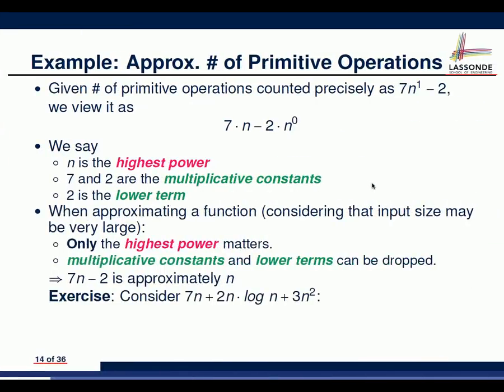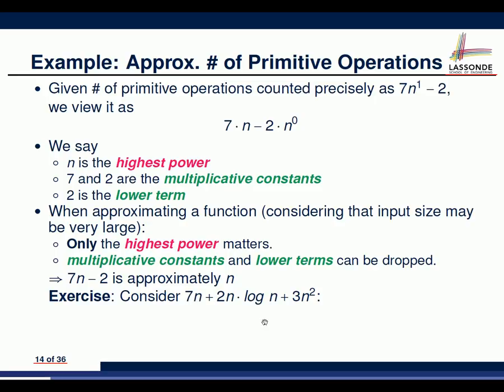And then we got another one. What about this one here? What is it going to be after we drop all the multiplicative constants and all the lower terms? N squared? Agree? If you arrange that from the highest to the lowest, let me say that again: 3n squared plus 2n log n plus 7n, right?